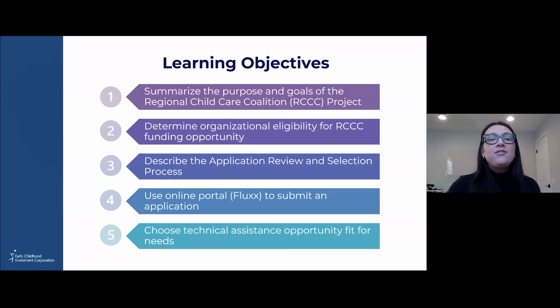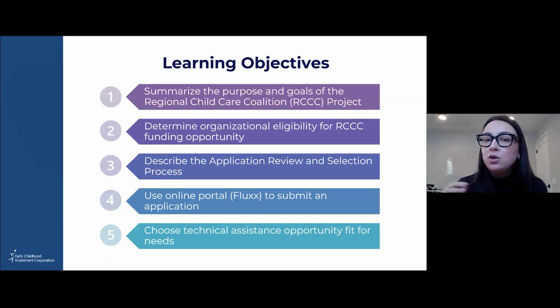So we've identified 5 key learning objectives to guide today's webinar. We want to take you through these so that we can just ground ourselves in what we hope you'll be able to walk away with post-webinar. The first one is to summarize the purpose and goals of the Regional Child Care Coalition project. We are using RCC as the abbreviation.